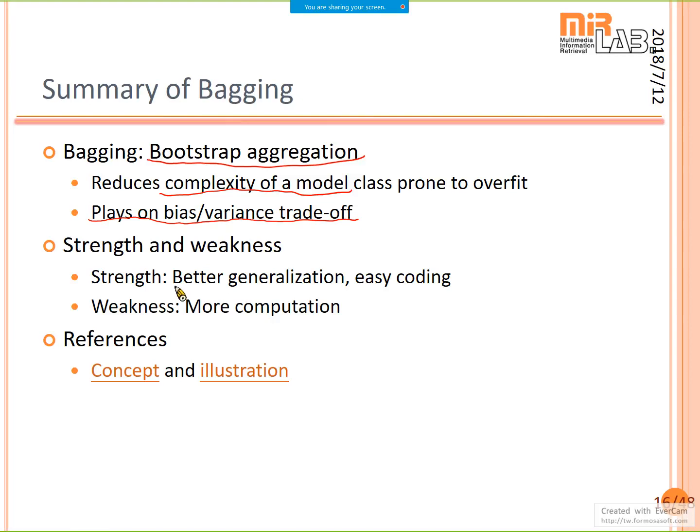Its strength is that you can get better generalization. And for the coding part, it's pretty easy. All you need to do is subsample the data set, construct the model as usual, and then combine them by majority vote. But the weakness, of course, is that the cost you need to pay is more computation.